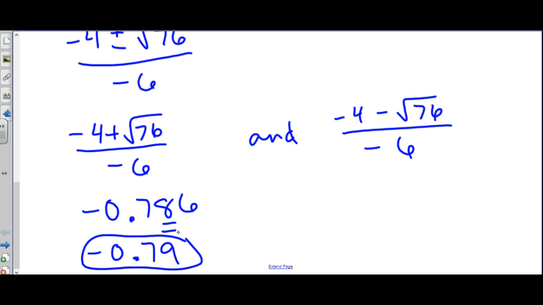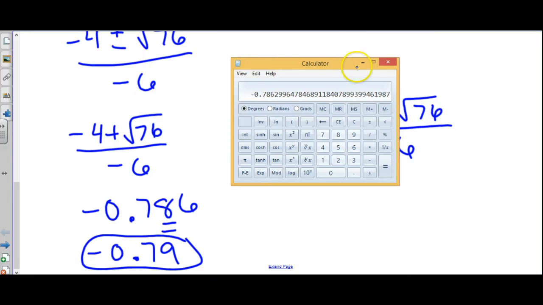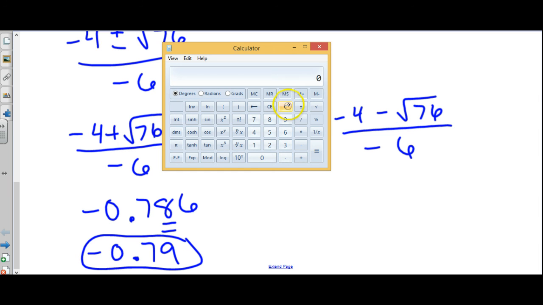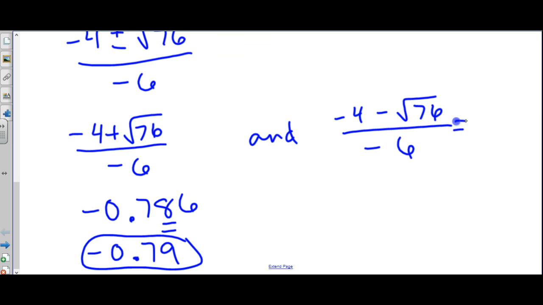Now we go plug it in with the minus. So we go back to our calculator. We have 4, which we have to make negative, minus 76 that we're square rooting. Then we have to hit equals first. Once we hit equals, that's really the top of our fraction now.